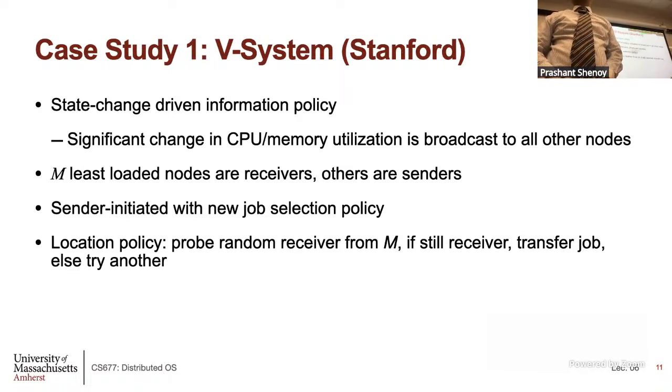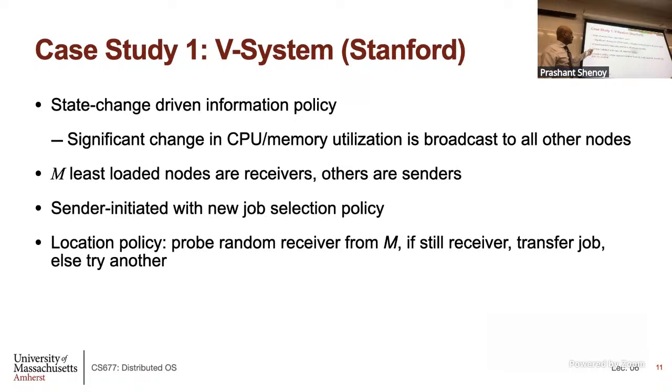What that also means is each machine already had a table that told you what the load on other machines was. So if you're a sender or a receiver, you don't have to go ask other machines, because nodes are already sending their load information to you whenever there is a change. That's a decision they made, and then the M least loaded nodes are receivers. Others are going to be senders.